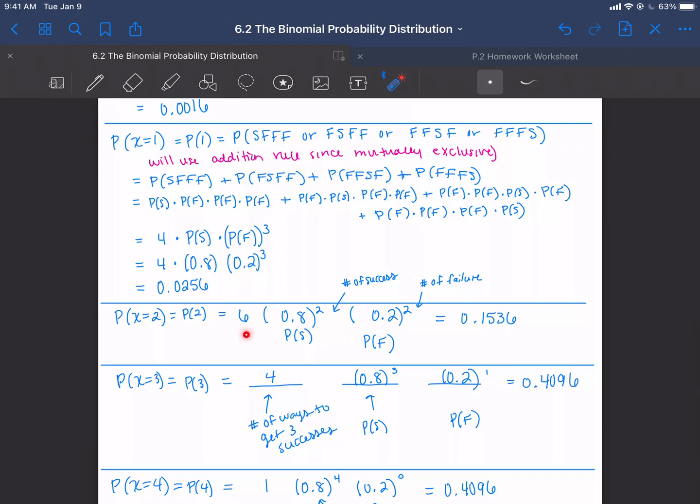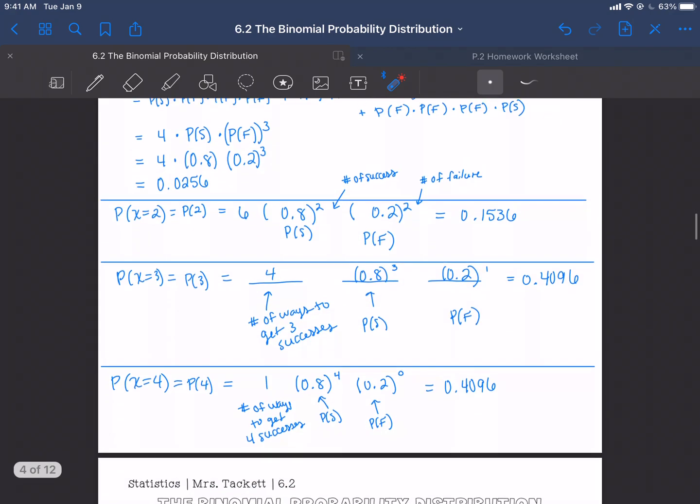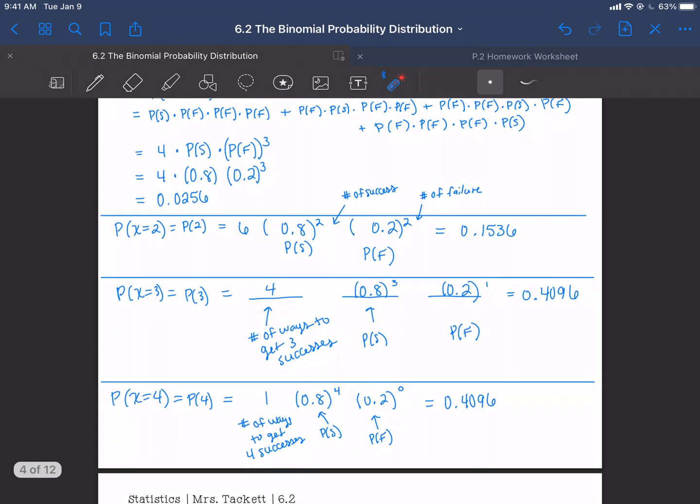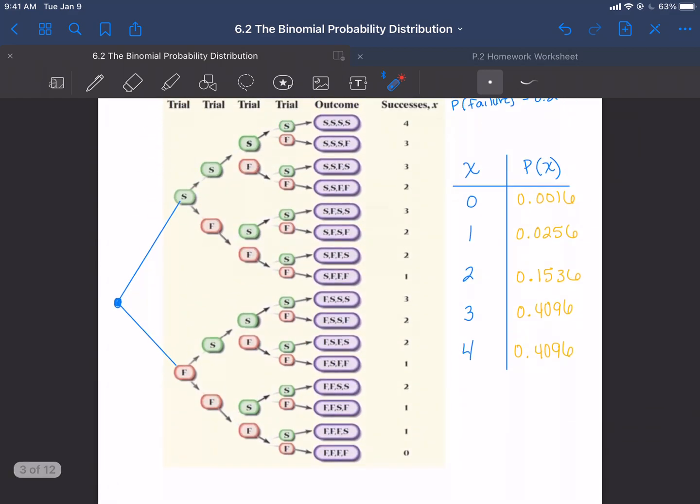So we took the number of ways it could happen times the probability of success raised to the number of successes, which is 2, times the probability of failure raised to the number of failures, which is 2. That probability is 0.1536. Do the same thing for the probability that there are 3 successes and the probability that there are 4 successes. So that's how we got these numbers for our probability distribution table.